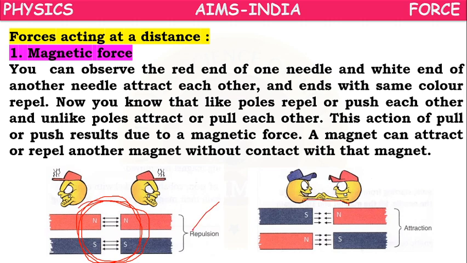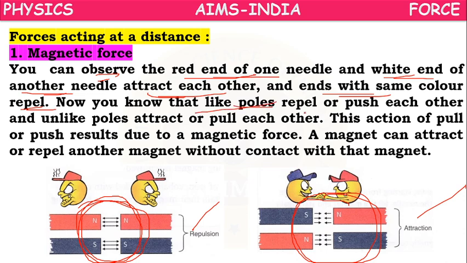When the unlike poles are facing each other, you can observe attraction. So you can observe that the red end of one needle and the white end of another needle attract each other, and ends with the same color repel.